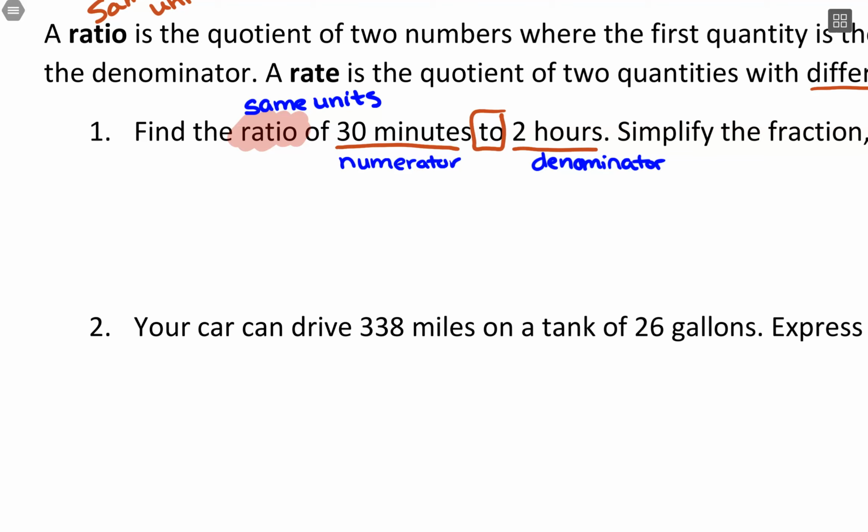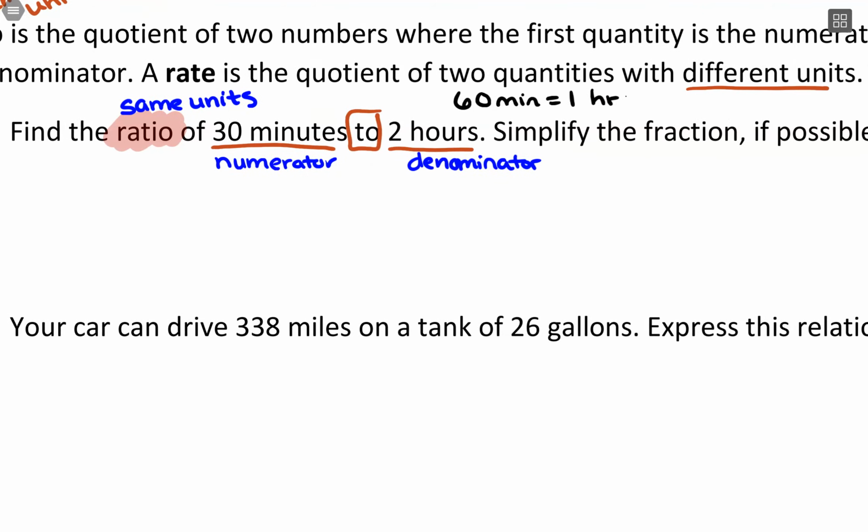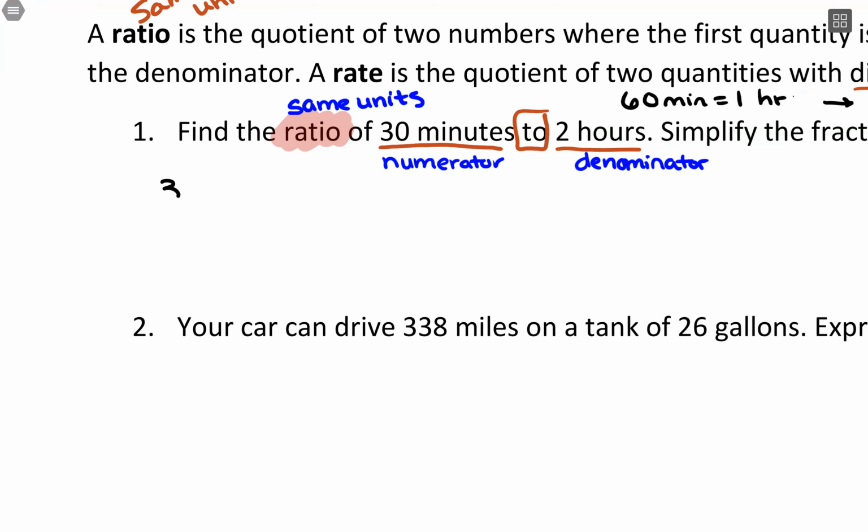Let's use the fact that there are 60 minutes in 1 hour. What that means is that if we have 2 hours, then if we double, that would be 120 minutes in 2 hours. So first I'll do it in minutes: 30 minutes to, instead of writing 2 hours, I'm going to write 120 minutes.